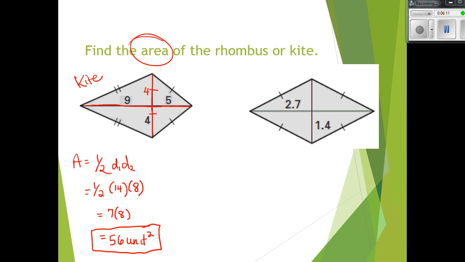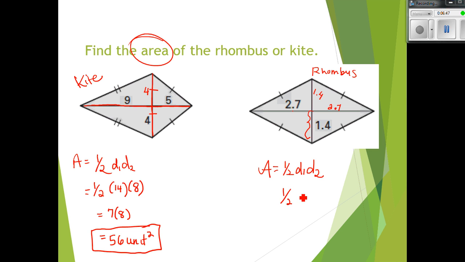Okay, the next figure, we know as we are looking at that is a rhombus. All sides are congruent, and the other thing that we know about a rhombus is that the diagonals are bisected. Both diagonals are bisected. So if this is 2.7, this is also 2.7. If this is 1.4, this is also 1.4. So the area of a rhombus is 1/2 diagonal 1 times diagonal 2.